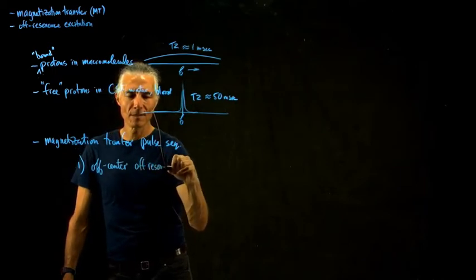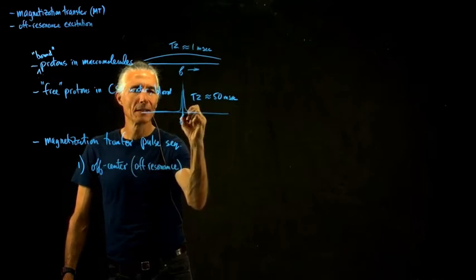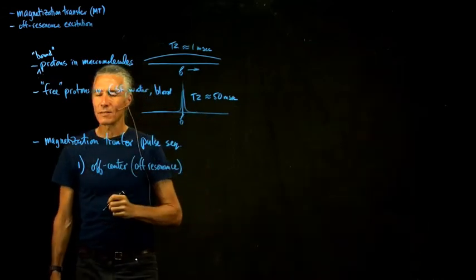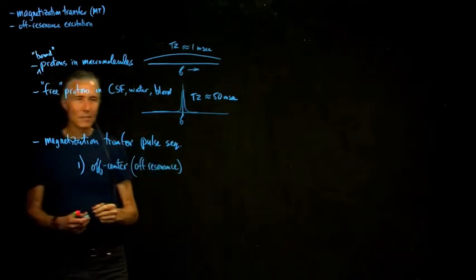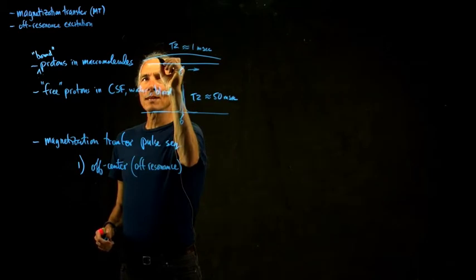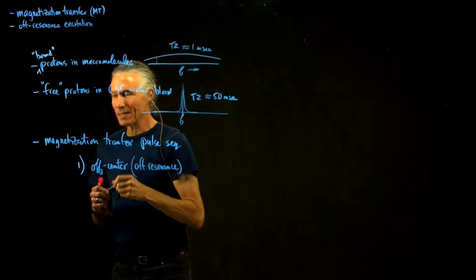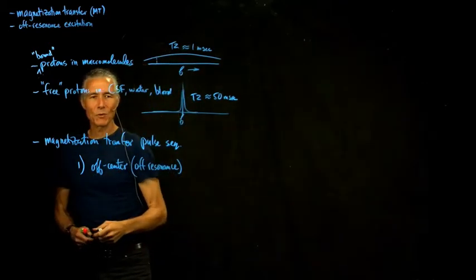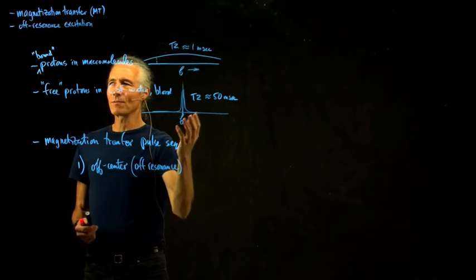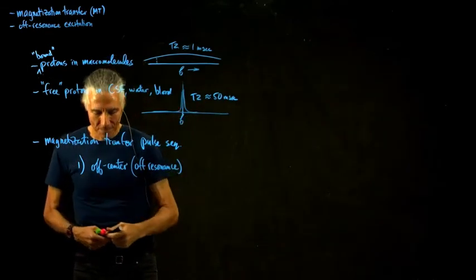Off resonance means a frequency that's not this center frequency. Of course, it's on resonance for these guys. So some kind of proton sitting in a protein has this particular frequency, that's its on resonance frequency. When we say off resonance, we mean off resonance for the big signal coming out of water.